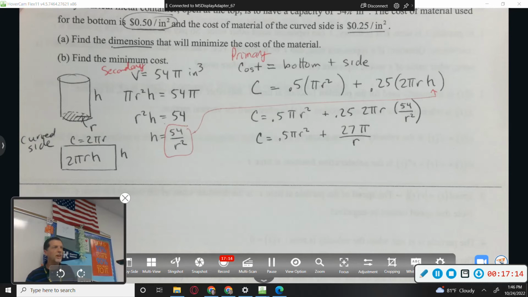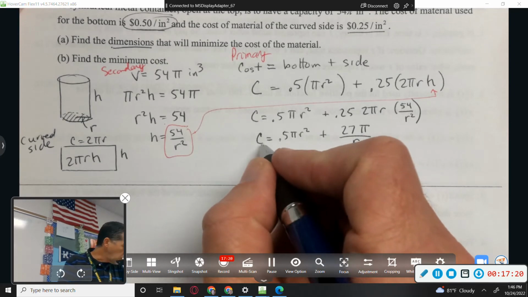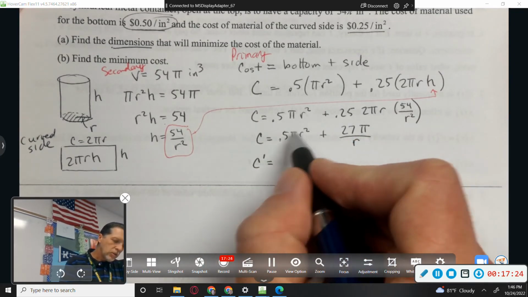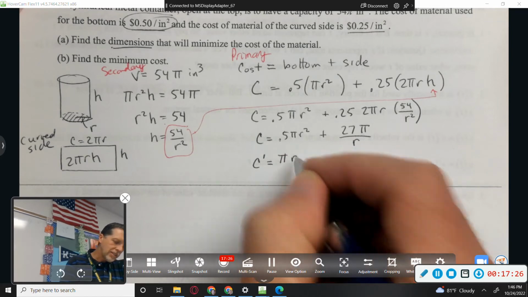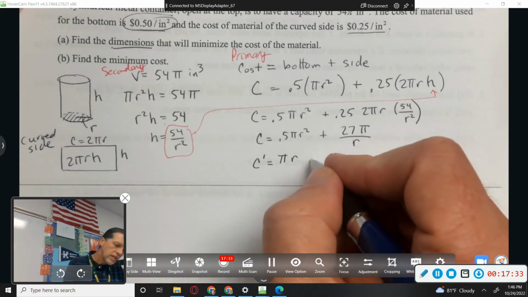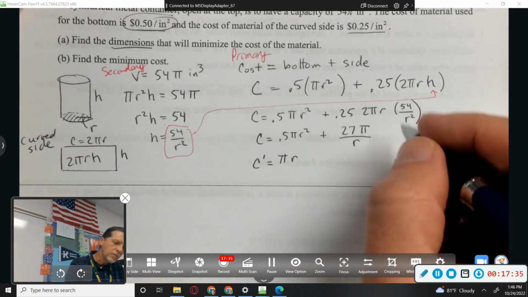What do you want to do next? Now we're ready to take a derivative. You can call it dC/dr, or you could just call it C prime. 2 times 0.5, well, it finally did us a favor here. Oh, I don't like 27 pi over r.